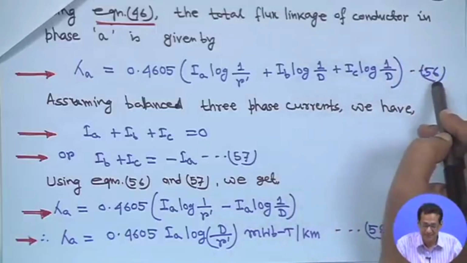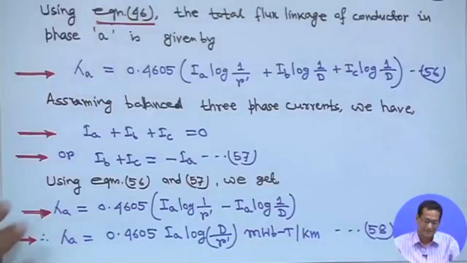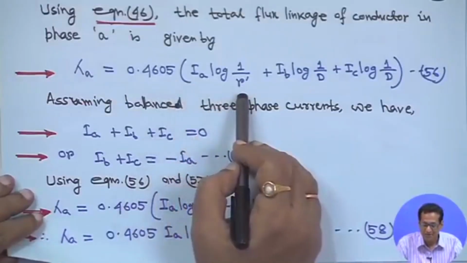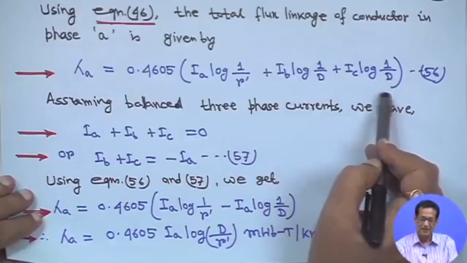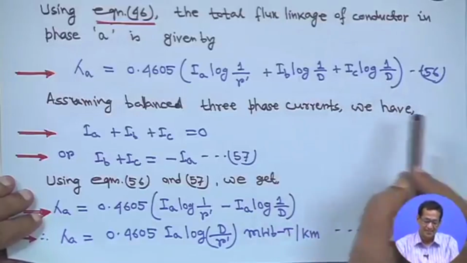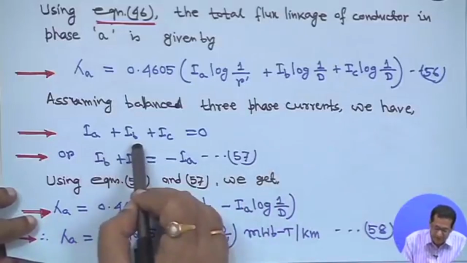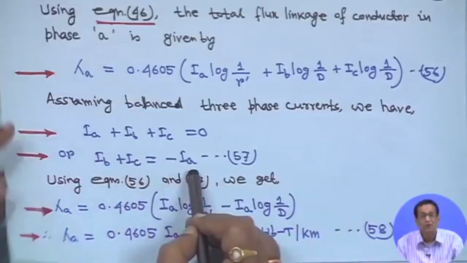This is equation 56, but in this case distances are equal, so things are easy, right. Assuming balanced 3-phase current, IA plus IB plus IC is equal to 0, therefore IB plus IC is equal to minus IA.